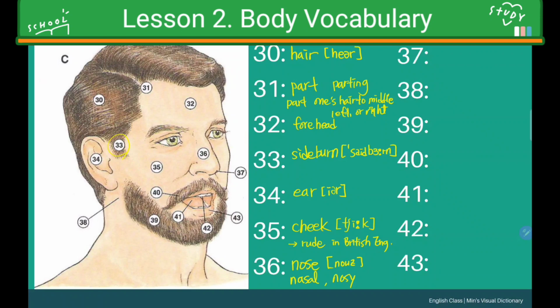And 37 is the holes in our nose, so that's nostril. So it's n and o, but it's a long o and s to roll.